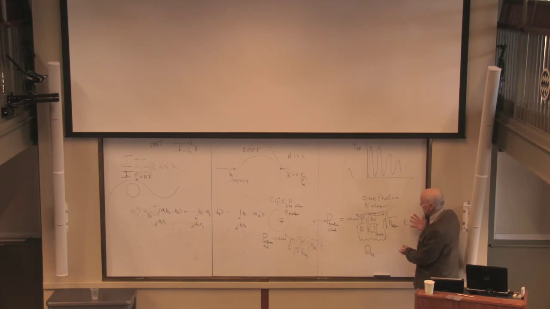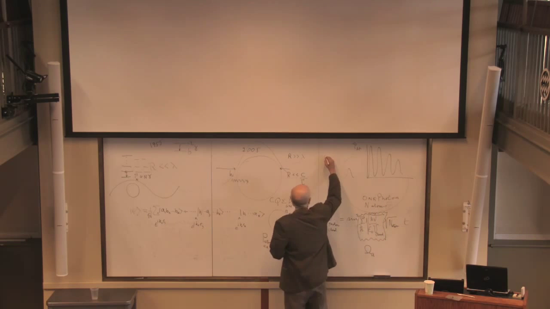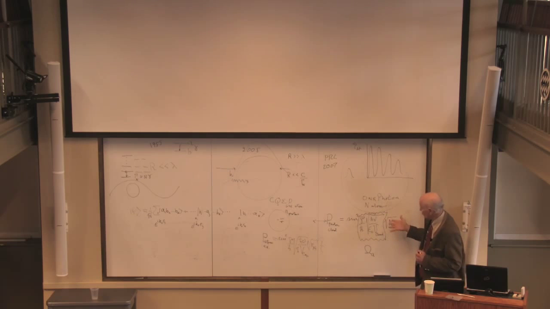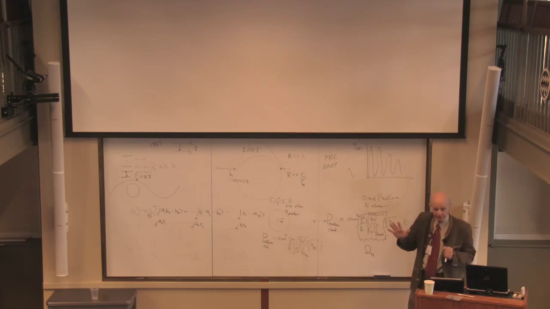Could I maybe take an ensemble of atoms like this, and this is PRL now 2007, and could we perhaps make an interesting new kind of source of radiation with the many-atom coherence coming in, motivated by this type of idea? Okay, so that's the setup.